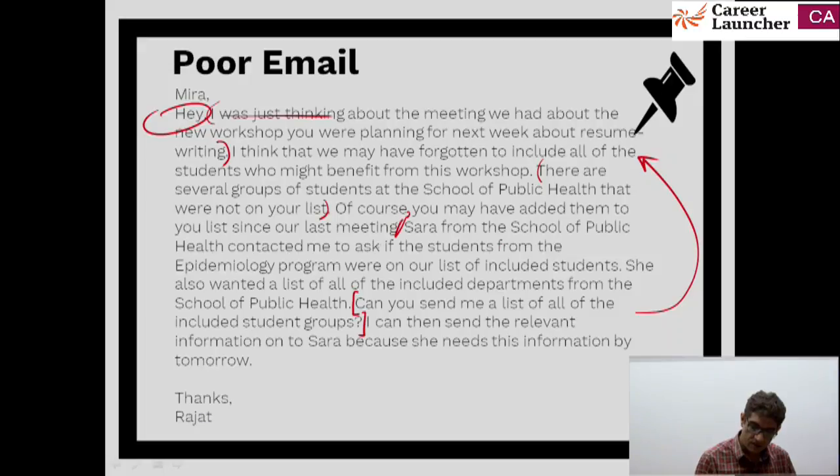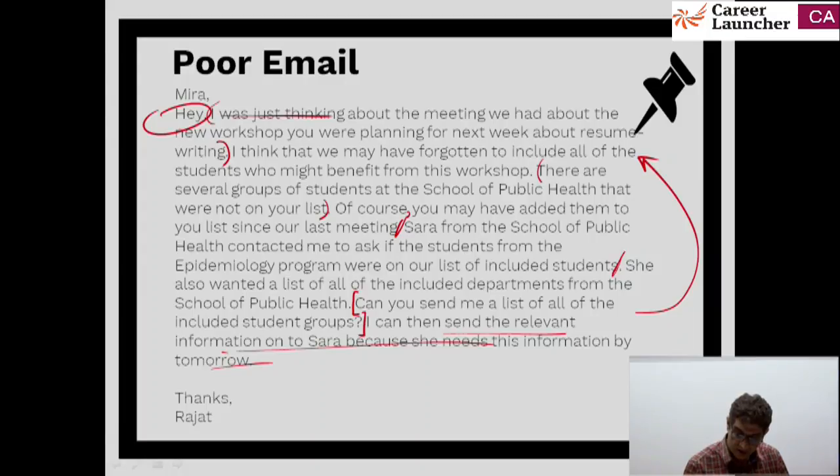Then another related point. "I can then send the..." and then the person is not even ending with an action expected. So, no paragraphs, informal language, scattered thoughts, poor punctuation, all of this reduces the effectiveness of this particular email.